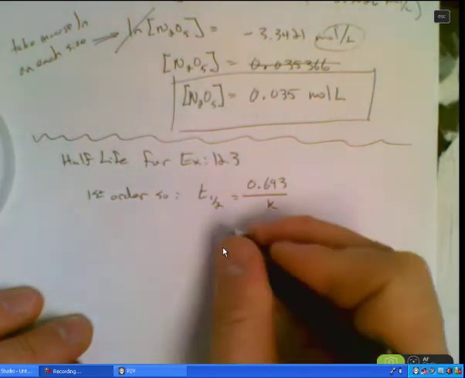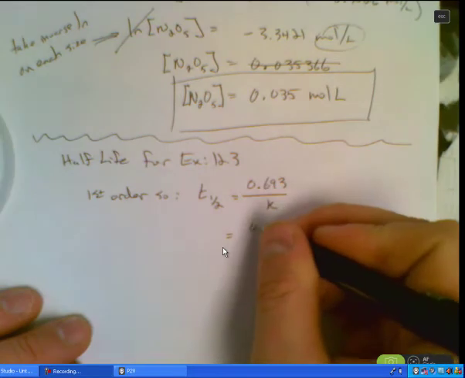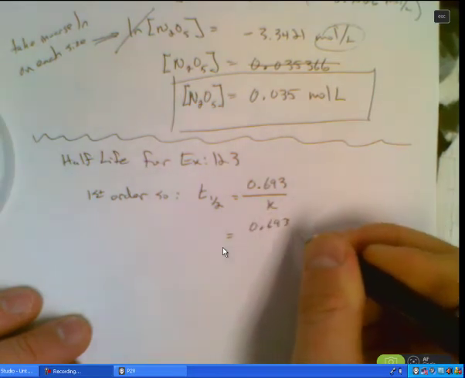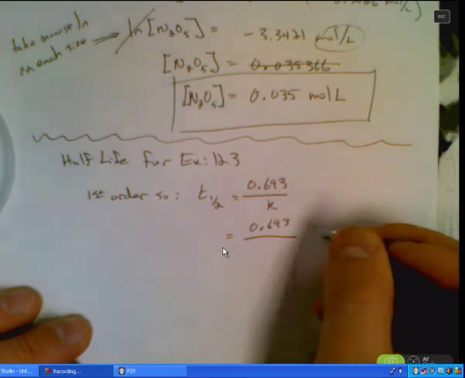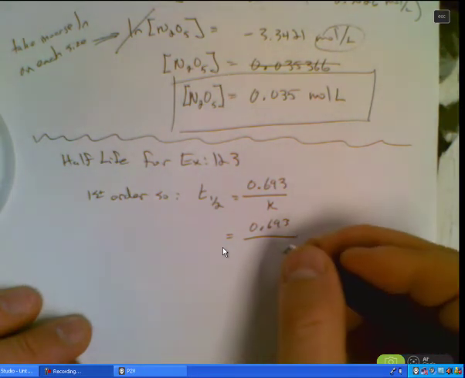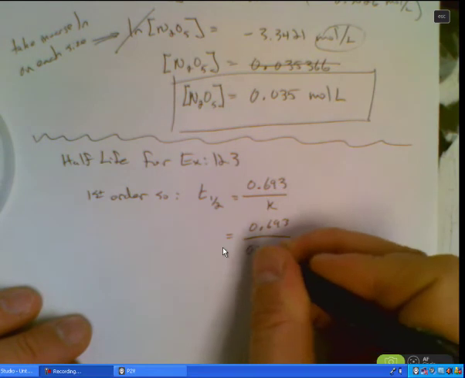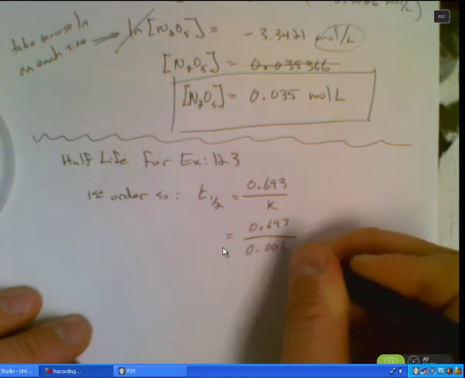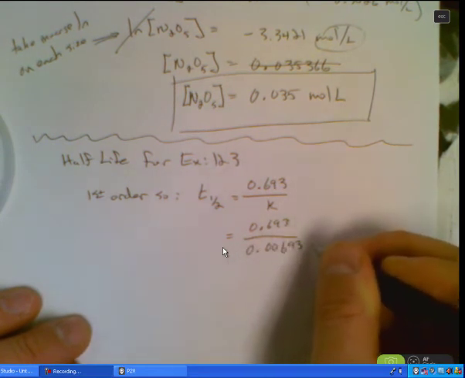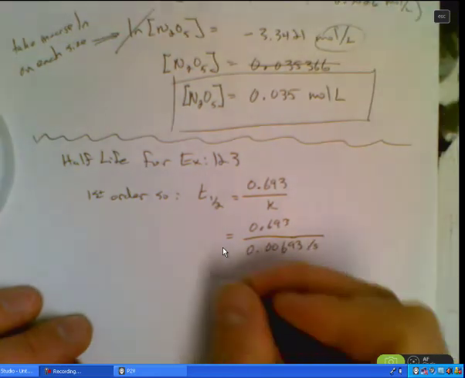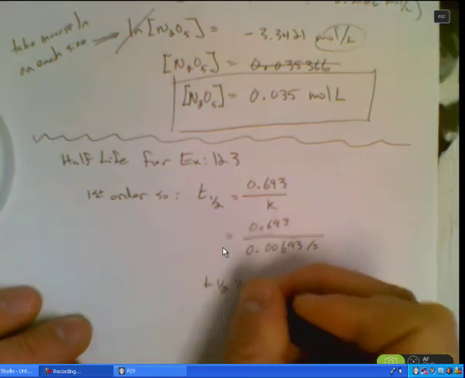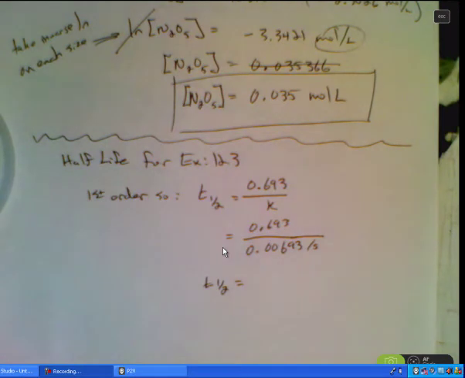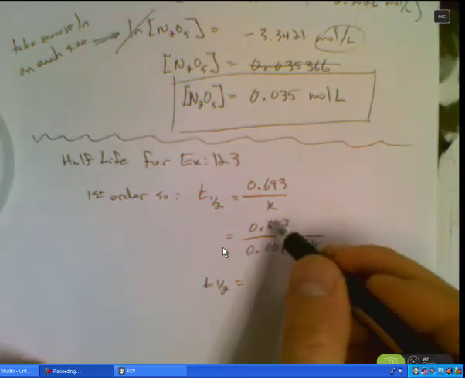Okay, and then start plugging in our information. So this is easy, 0.693, and then our K, which was negative 0.00693, so make it positive, 0.00693 per second. So T sub 1 half equals, basically you can see what's going to happen here.